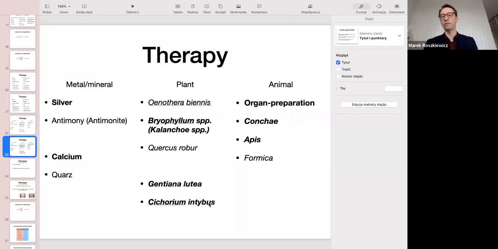It can do this through the gall, but in atopic dermatitis, it usually sends these substances through the skin, and also the skin is affected when the diet is irregular.